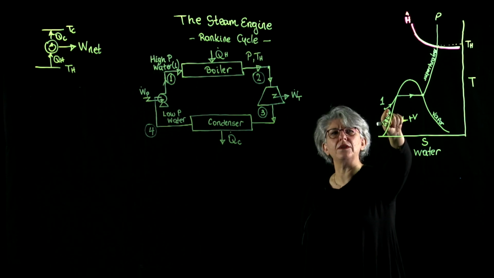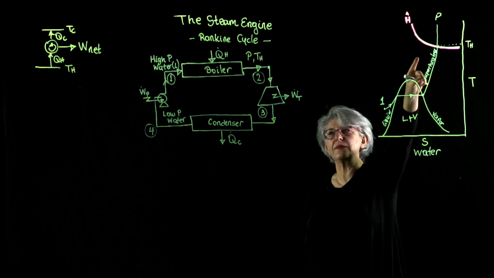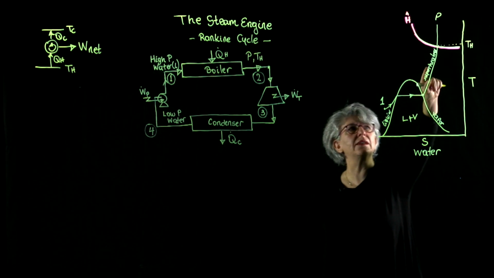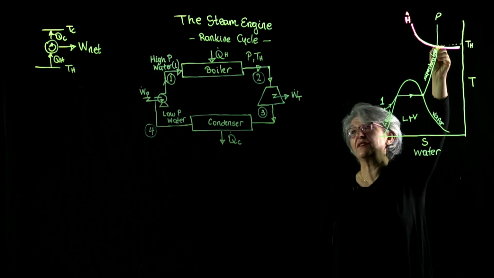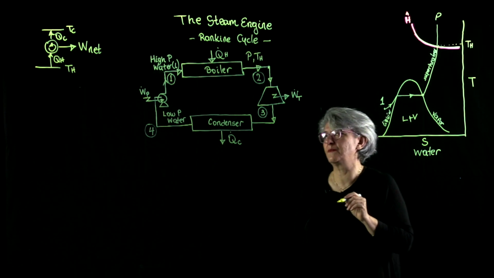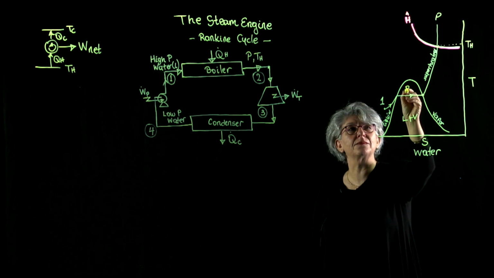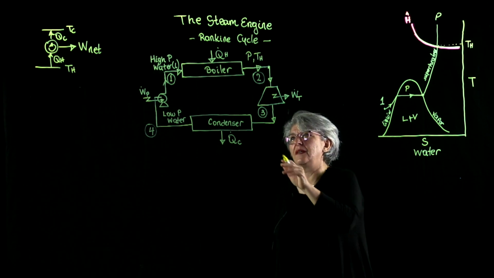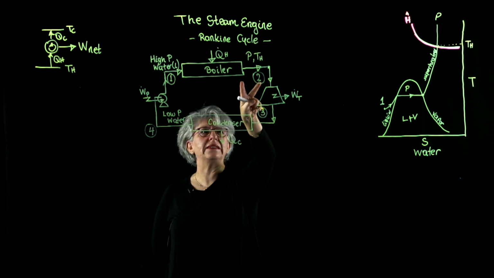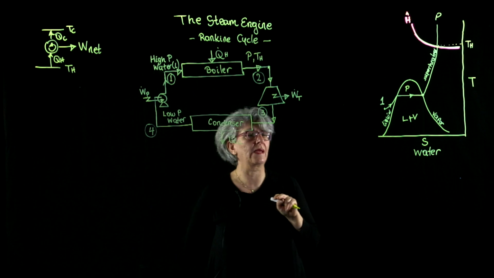High pressure water delivered from the pump is going to be boiled and superheat is added until we reach T sub H. This process is at constant pressure. The boiling process is conducted at constant pressure.